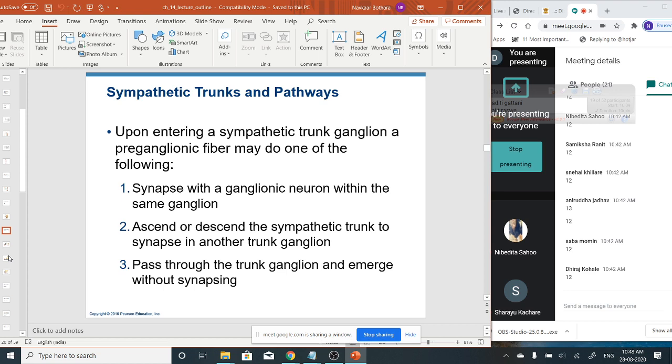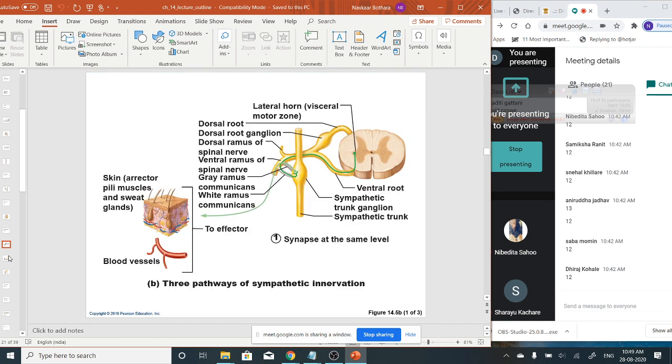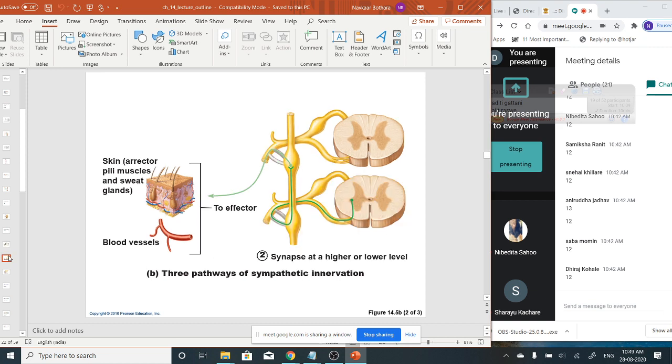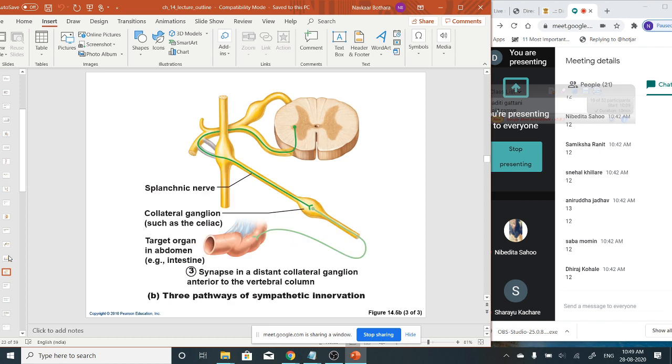This is very important, as I told you, because it explains why one type of activity is going on in another type of organ. Next, these are the figures of sympathetic innervation. This is all anatomy and physiology, I repeat.